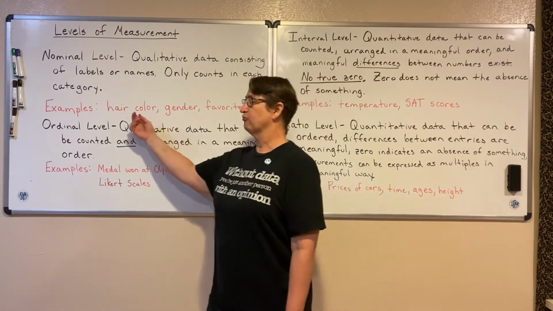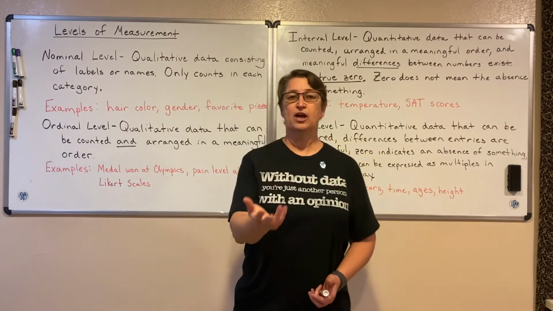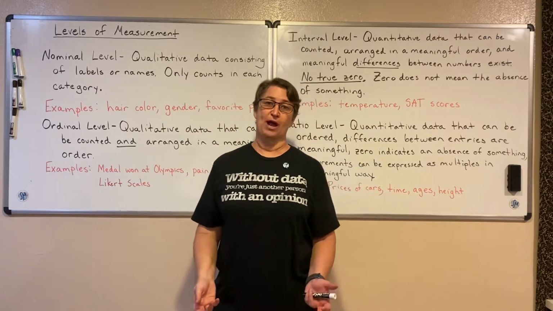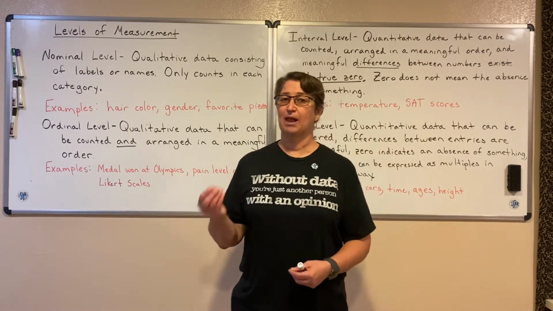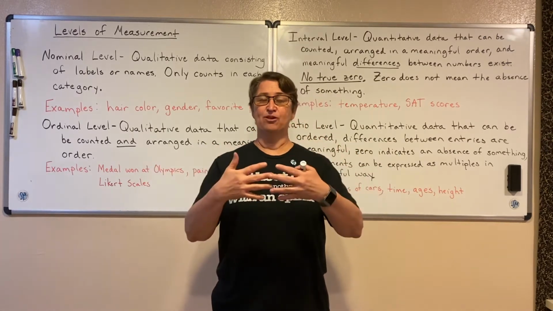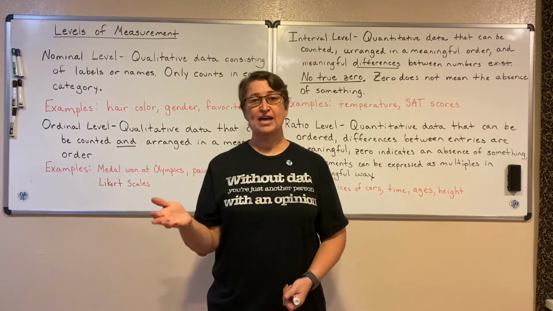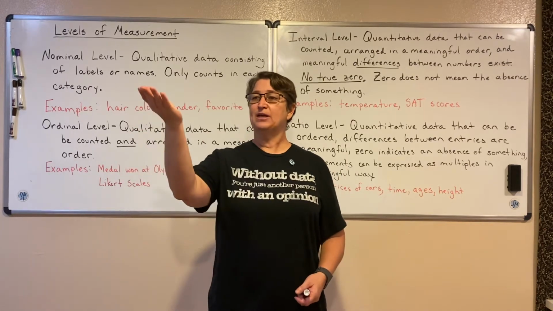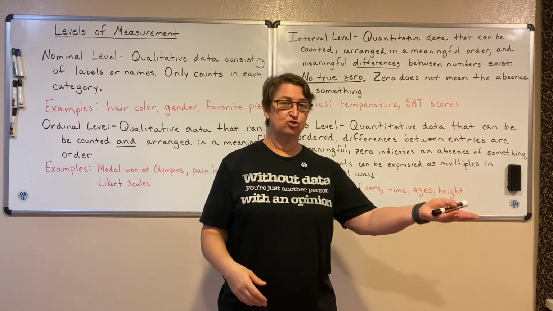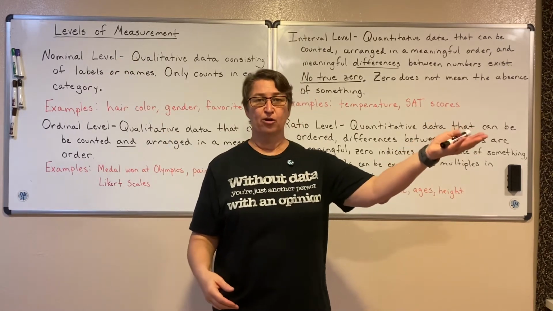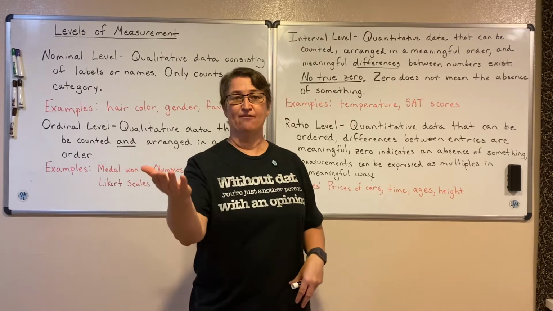So think about that for a second. If I asked you what color is your hair, you might answer brown or black or blonde. I can't take black and blonde and add them together. The only thing I can do is count how many students have blonde hair, or how many students have purple hair, or how many students have black hair.